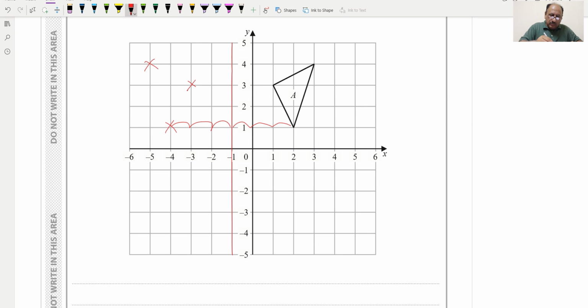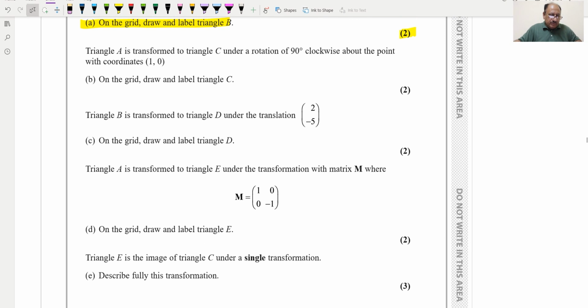This will be the final point which we got, and we have to label this triangle as B. After completion of this reflection, we label this triangle as B, and we are done with this.